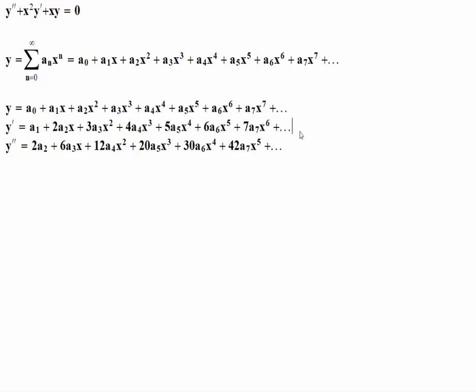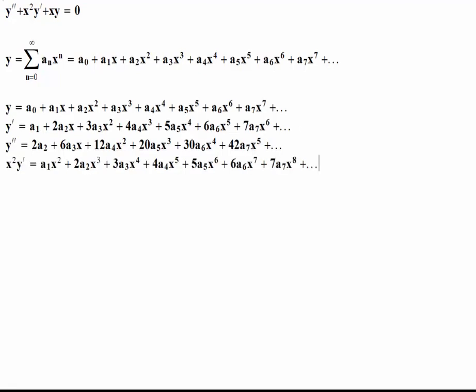When we multiply y prime by x square, every term on the right hand side will have the power on x increased by 2, because of multiplication by x square.